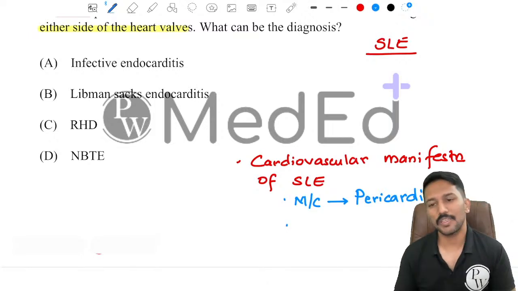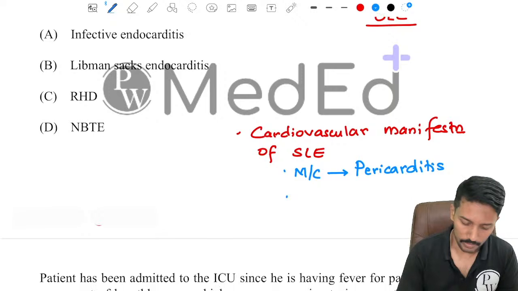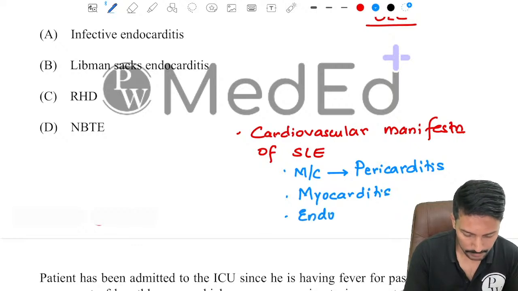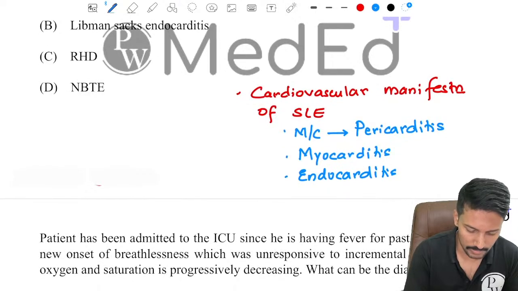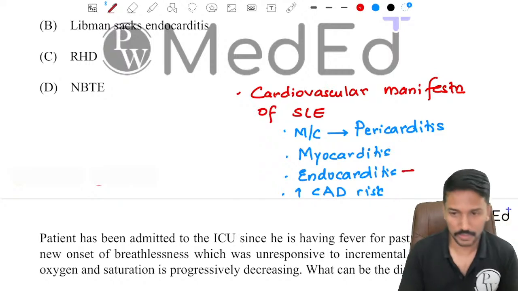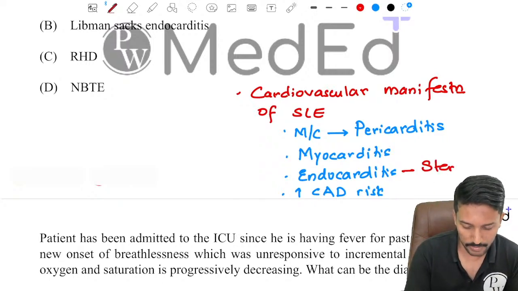Apart from that, please remember SLE affects all three layers of the heart. So SLE can also cause myocarditis, SLE can also cause endocarditis, and SLE can also affect coronaries, so there is increased risk of coronary artery disease. Now the endocarditis here is not because of bacterial infection, so we call it sterile endocarditis, sterile because there is no bacterial infection.